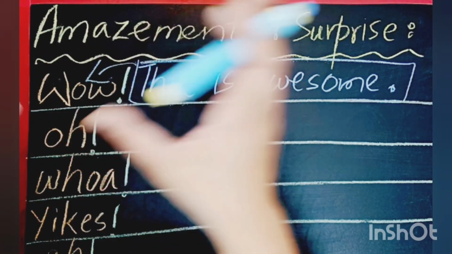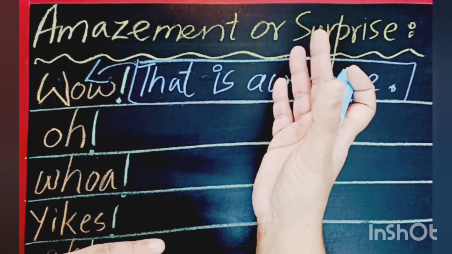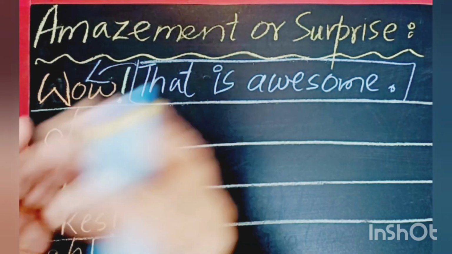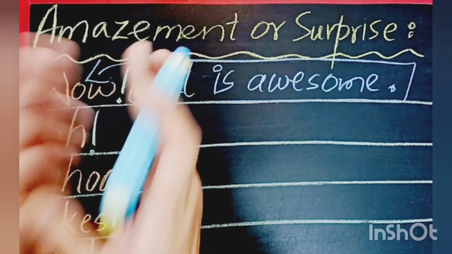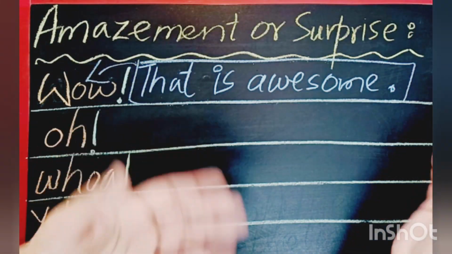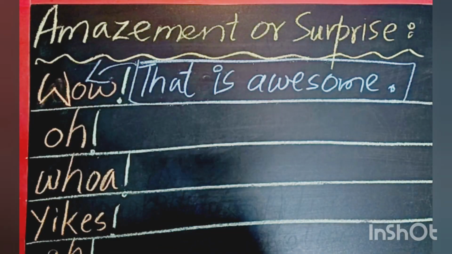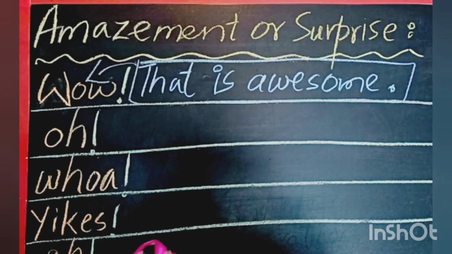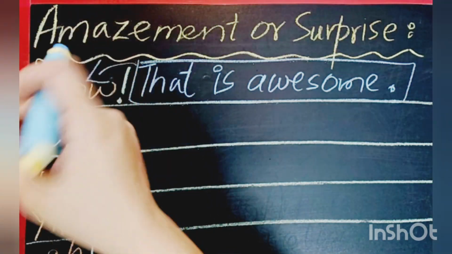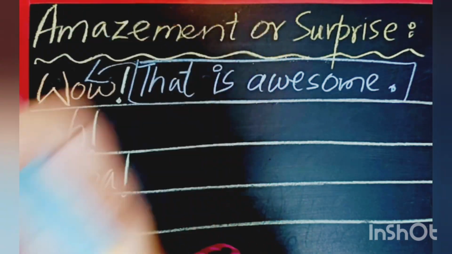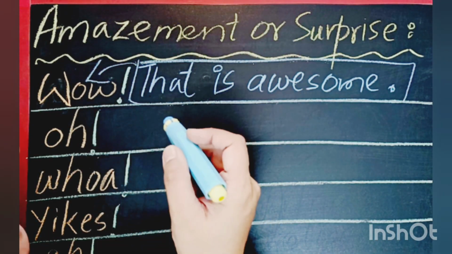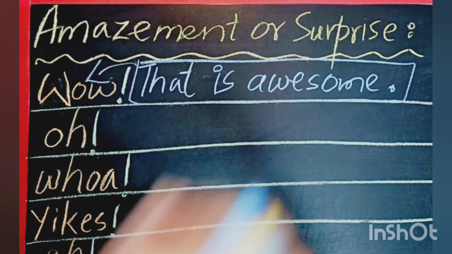Okay, oh is used for showing amazement and surprise in both types of feelings, like sadness, sorrow, or happiness or excitement sometimes. So let us do two types of sentences for oh, like: oh, that is absolutely wonderful.